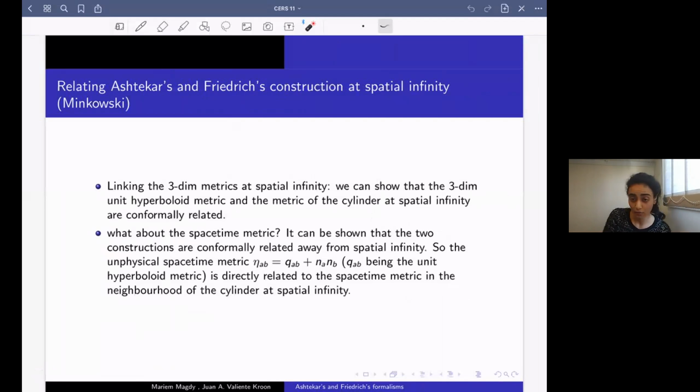In Minkowski, we are able to find an explicit conformal relation between the three-dimensional metric of the unit hyperboloid and the metric of spatial infinity. Then if we define the spacetime metric using our three-dimensional metric and also the unit normals, we can directly link the neighborhoods of the cylinder and the hyperboloid at spatial infinity through a coordinate transformation and a conformal transformation.